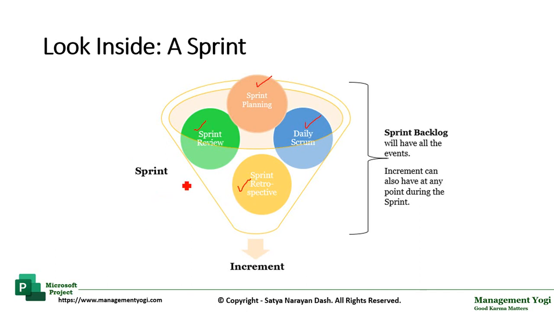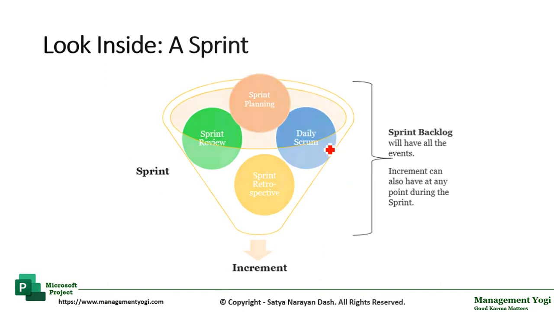Sprint planning, review and retrospectives, all these events will be your individual line items within your plan, which is your sprint backlog. On the other hand, the daily scrum will be a recurring task because daily scrum will be happening daily throughout the sprint.